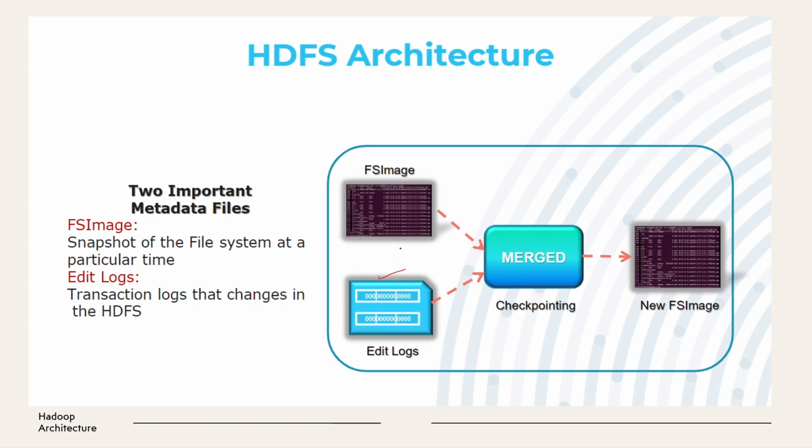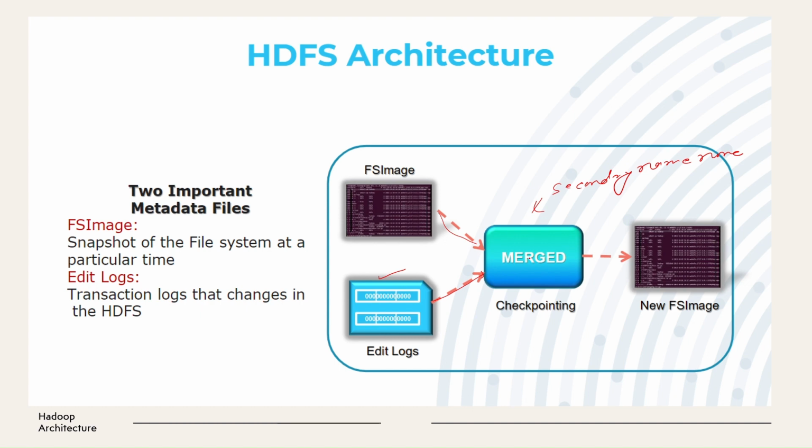And what will happen? It is like a checkpoint. Take an example: the secondary name node comes here, and it will take the older FS image and the edit logs.